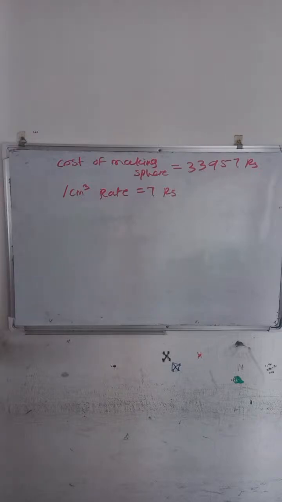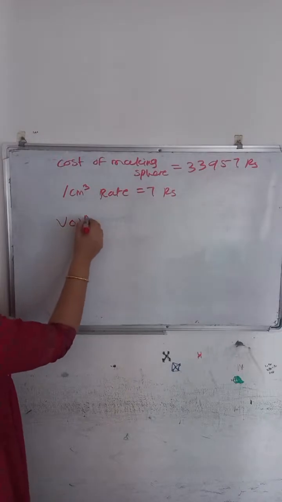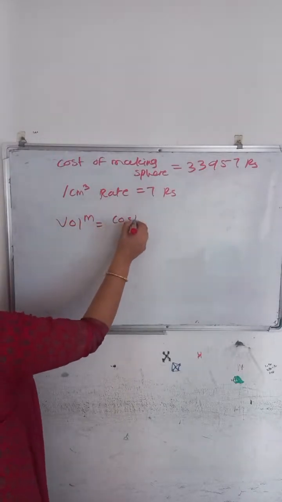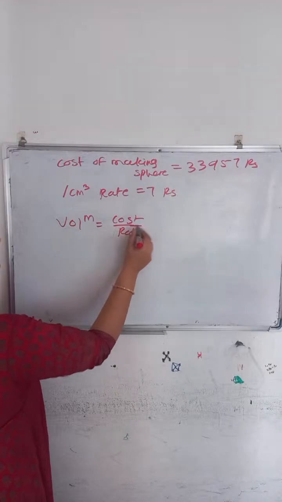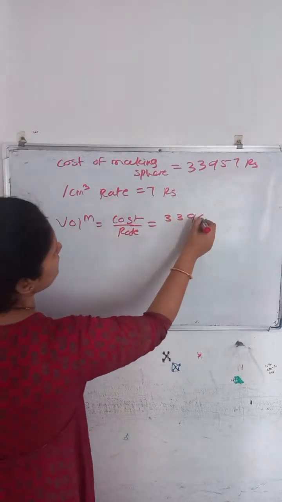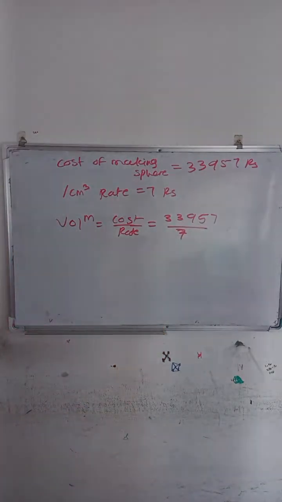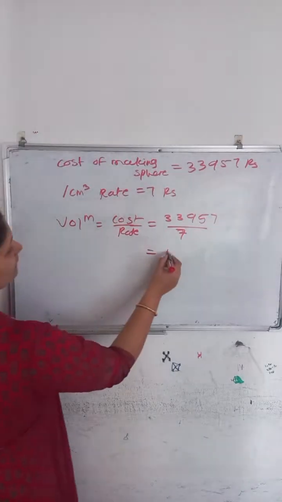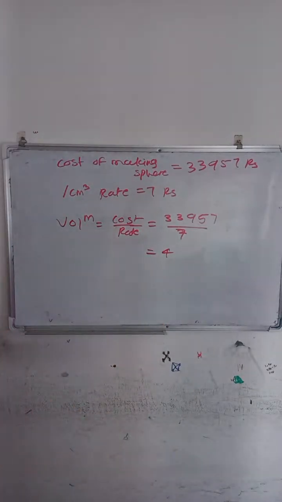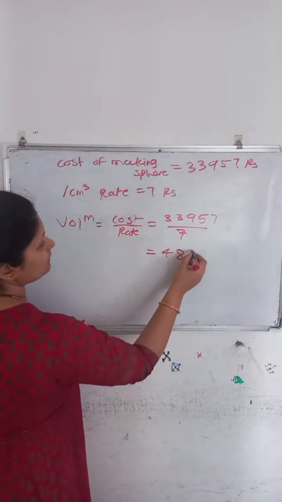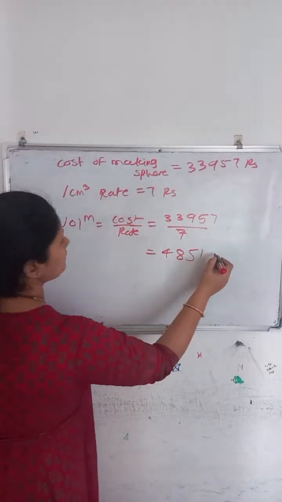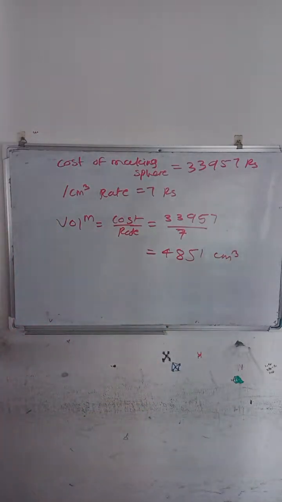So here, volume is nothing but cost by rate. Cost is 33,957 divided by 7. Do this division and you will get 4851 centimeter cube, because they are saying centimeter cube, that's why I went for volume.